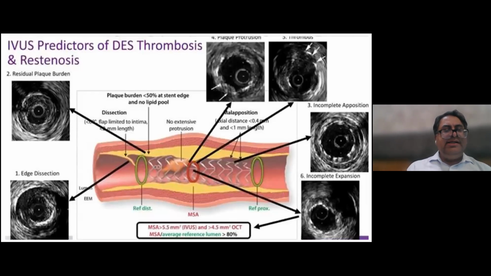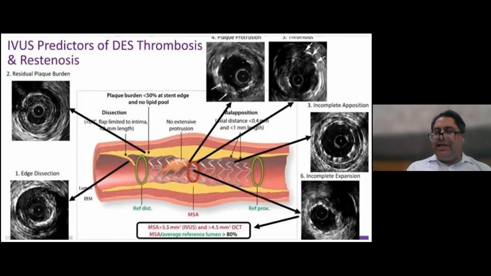Then you can see, is there any residual plaque burden at the edge? The plaque burden should be less than 50% where the stent edge falls. Then we look for any malapposition, as you can see in this diagram. In our case also, we corrected the malapposition after seeing it with IVUS.